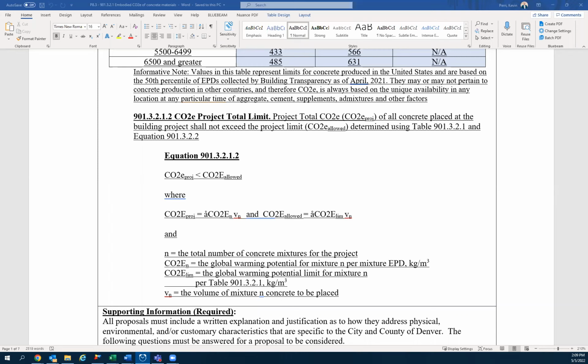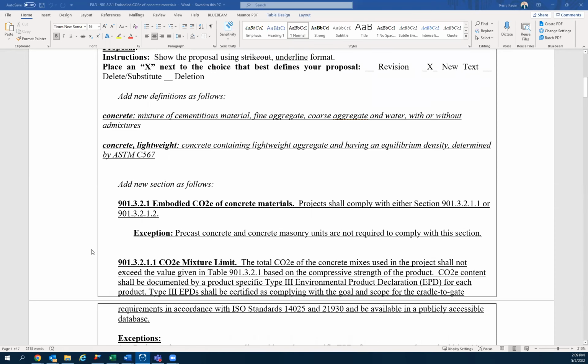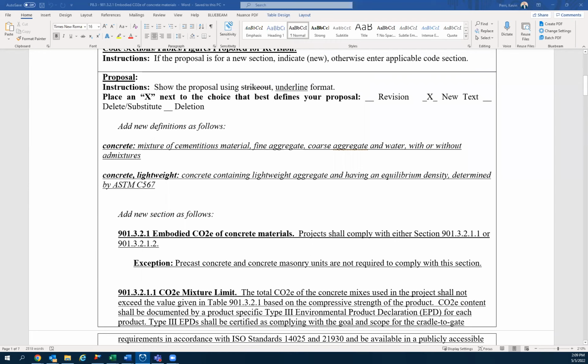And their research has shown that 82% of replying concrete producers are already providing complying materials with these values. So adopting this code change proposal will require some concrete suppliers to improve their mixes for the sake of addressing city and state GHG emission reduction goals as Denver continues to grow at a fast pace and use more concrete, but many of the EPDs in Colorado currently already comply. So I propose the adoption of 8.2.